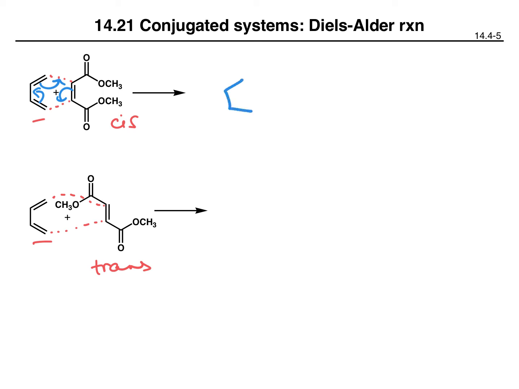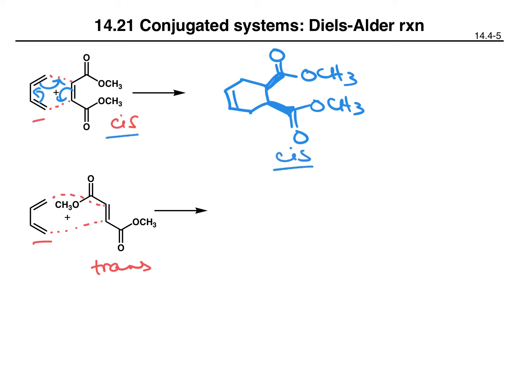And what we get here is this double bond, and then we're going to have the ester like this. So when we start out that our substituents on the dienophile are cis, we end up with our substituents cis. So from cis starting material, we get cis product.